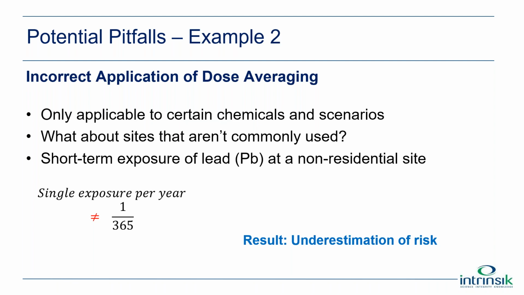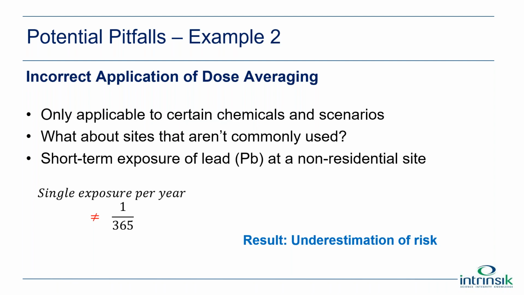But that's inappropriate. We know that's inappropriate. Health Canada is clear on this issue, and they don't allow for this kind of exposure amortization. So Health Canada says when you look at things like developmental toxicants, you can't make adjustments for weeks per year or for total number of years. So what you end up with is an underestimation of risk for this particular scenario.